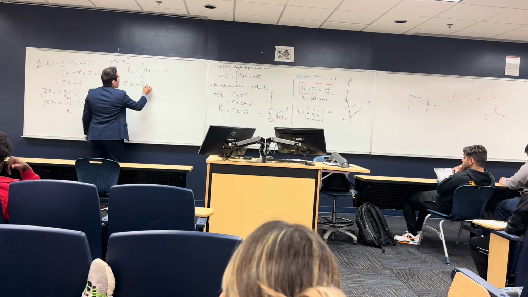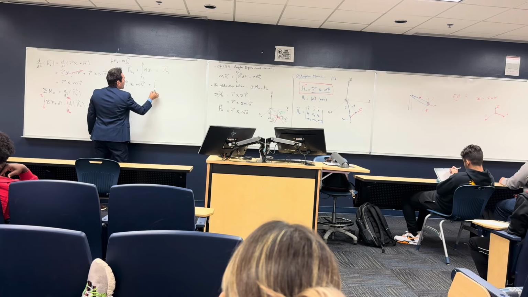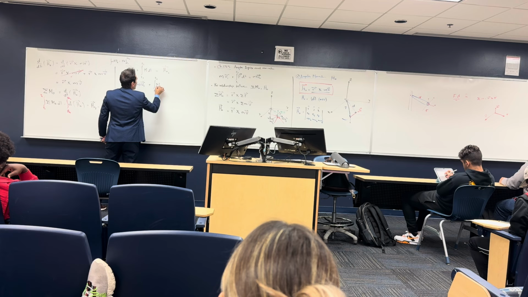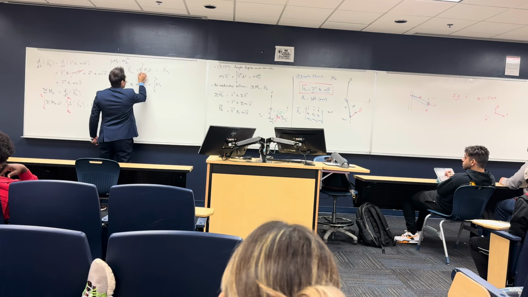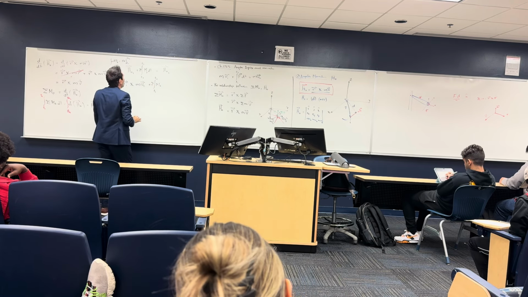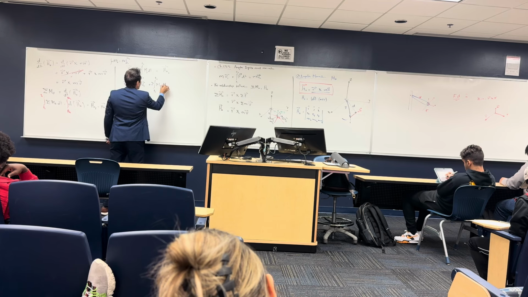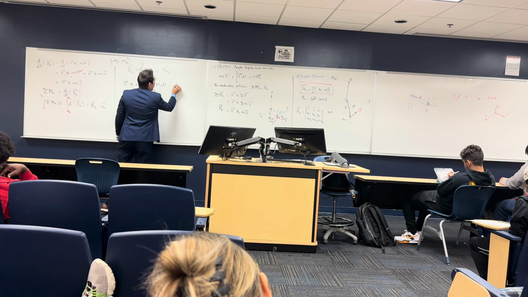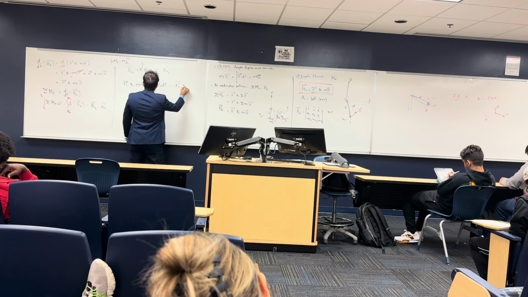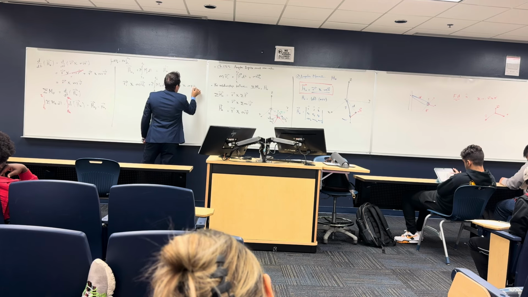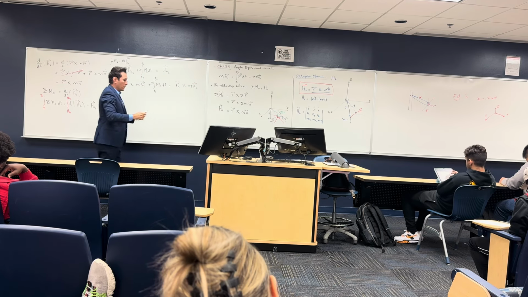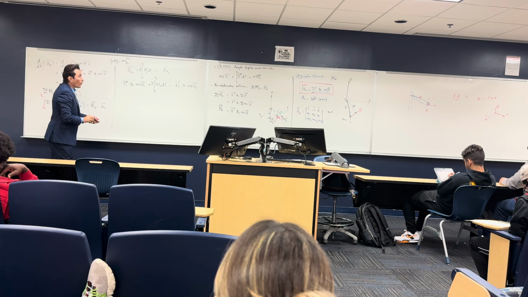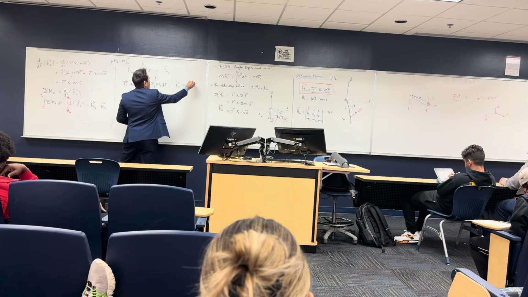Plus the integration from t1 to t2 of the sum of the moments M_O, because we have lots of forces, dt is equal to r2 cross product v2 vector times m. That's a really important equation, the second important equation in this chapter.